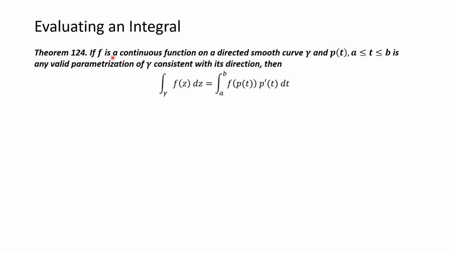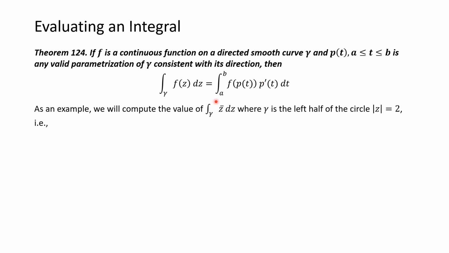If f is a continuous function on a directed smooth curve gamma, and p of t is a parameterization of gamma with t going between a and b, then the integral over gamma of f of z is the integral from a to b of the composition of f with p of t times the derivative of p of t.